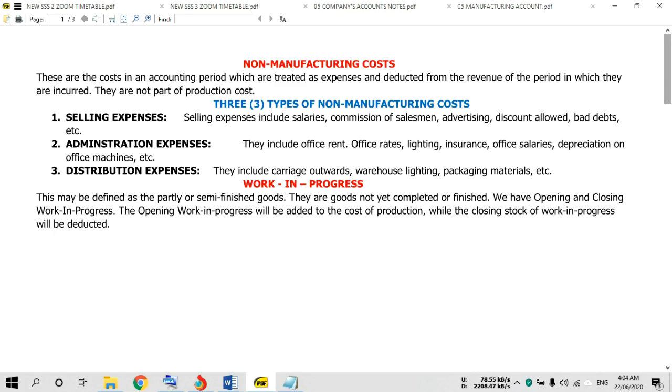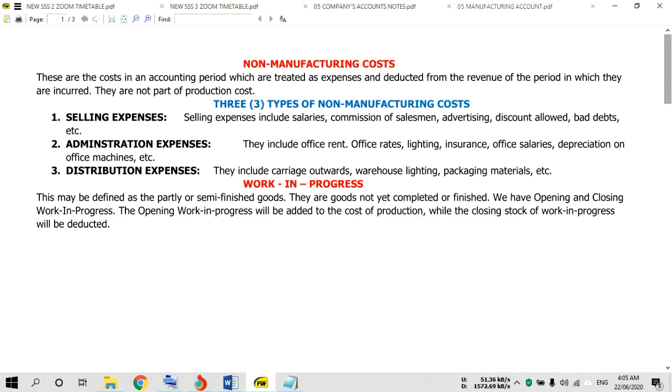Thereafter you add your factory cost of production. When you add this factory cost of production with your prime cost of production, you will get what we call total factory cost of production, or total manufacturing costs.